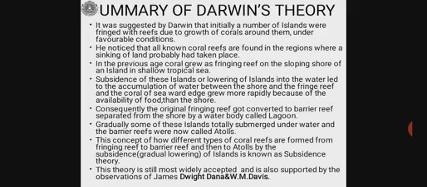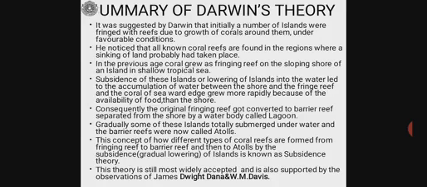Now coming to the summary of Darwin's theory. Darwin suggested that initially a number of islands were fringed with reefs due to the growth of corals around them under favorable conditions. He noticed that all known coral reefs are found in regions where a sinking of land probably had taken place.